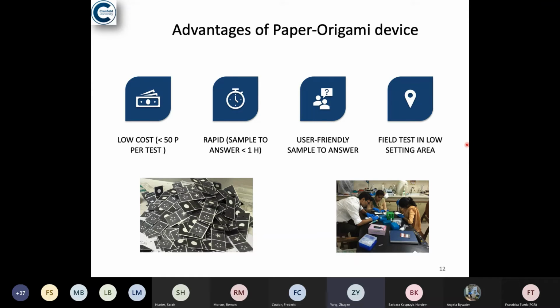It's really user-friendly. Here is a picture from when I went to India to do the field test. After training the local students for a couple of hours, they could do this experiment independently for testing semen samples. Most importantly, it has significant potential to test those pathogens in various clinical samples or environmental samples in the field.